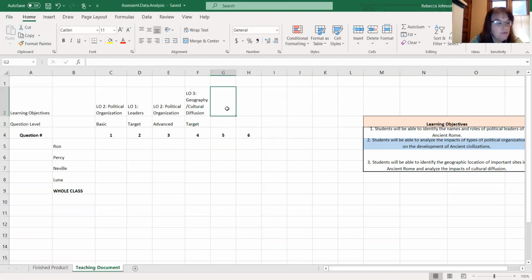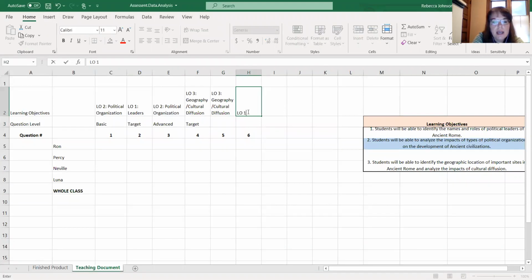So question 4. Now question 5 was my question also about geography and cultural diffusion. And my question 6 was learning objective 1, and that was about political organization.